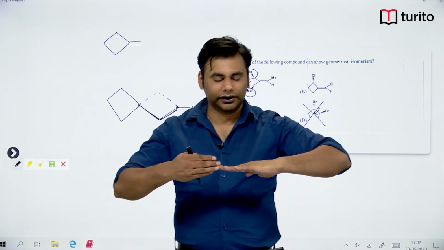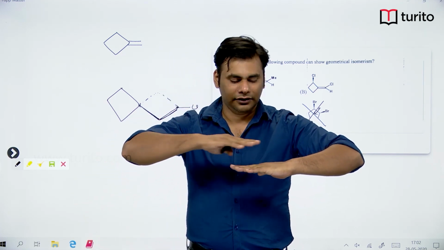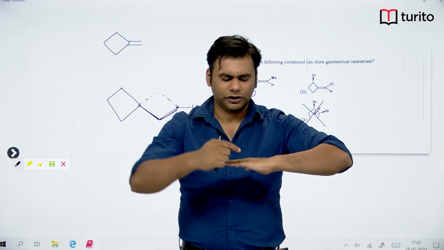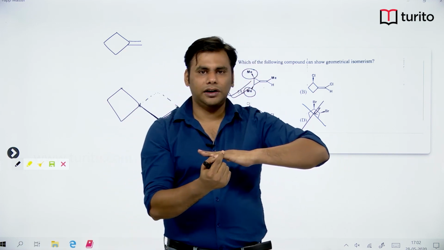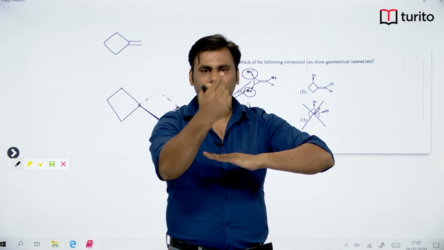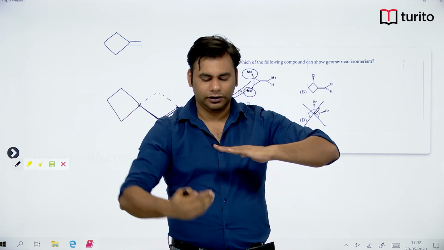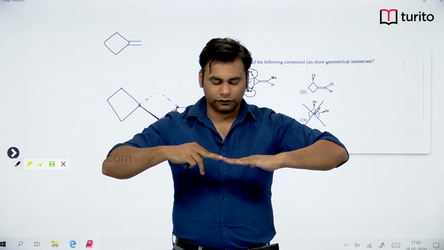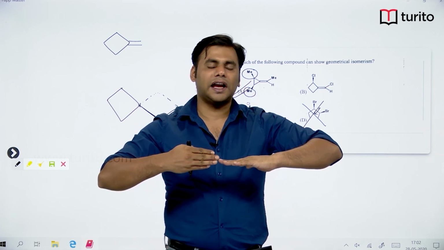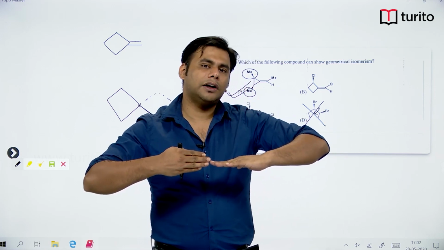Now if you consider this double bond, there is a cyclic ring. Let us assume that this is planar. There is a Cl over here that can be coming outside the plane or going inside the plane. Now there is a double bond over here, and this double bond and this cyclic ring would be mutually perpendicular to each other.